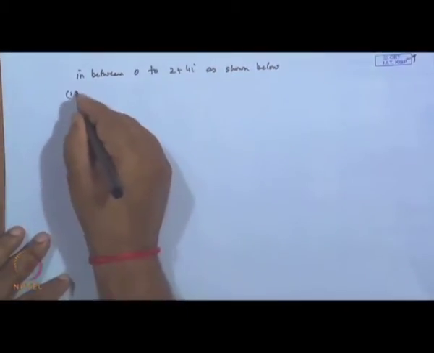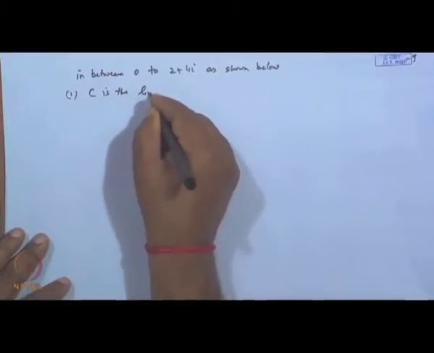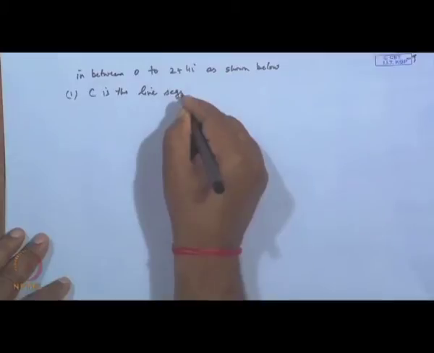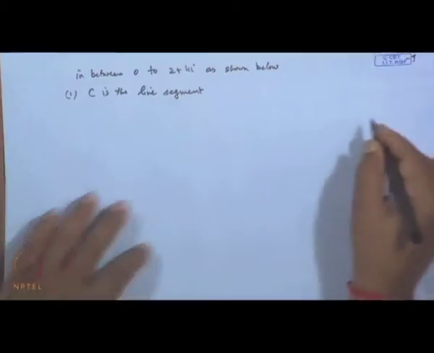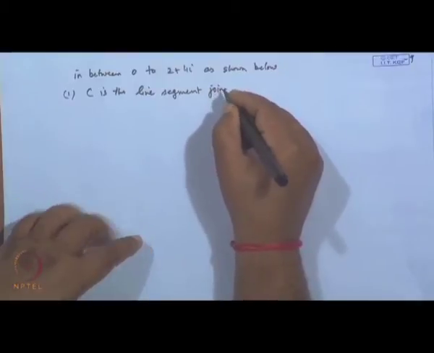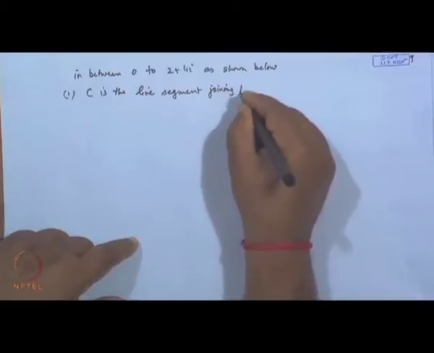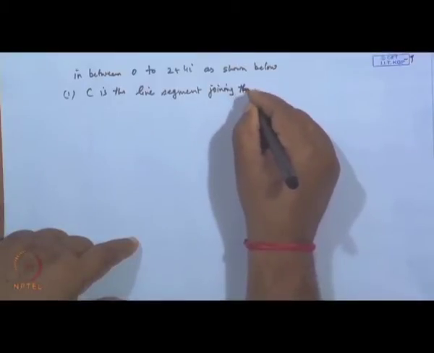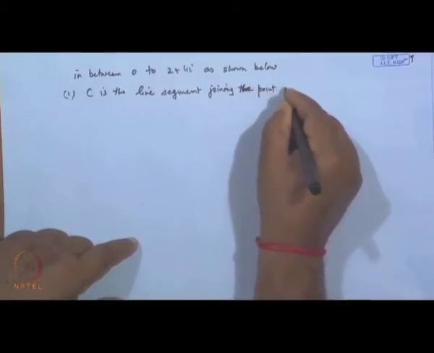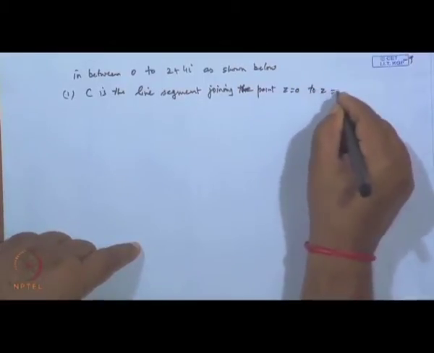As shown below, the first is, C is the line segment joining the point z equal to 0 to z equal to 2 plus 4i.